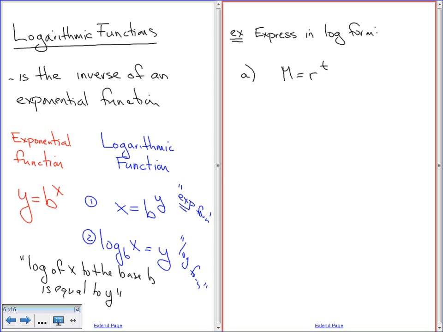The logarithmic form, and again, nothing mathematical about it, it's just how you remember how to write it, is the y moves down, takes this place, this comes over, becomes the base. Okay? So the way I would remember this is the t comes down, takes that place, and the r becomes the base on the log. So the r is the base on the log, and the r is the base in the exponential. So r is always the base.